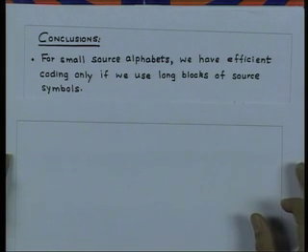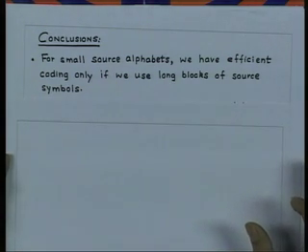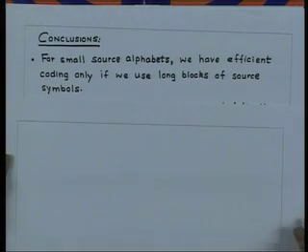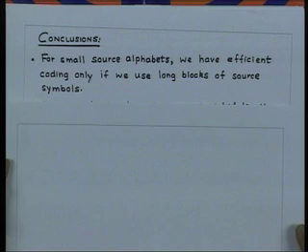So, with this example, we can reach the conclusion that for small source alphabets, we have efficient coding only if we use long blocks of source symbols, that is, only if we go for higher extensions of the source.